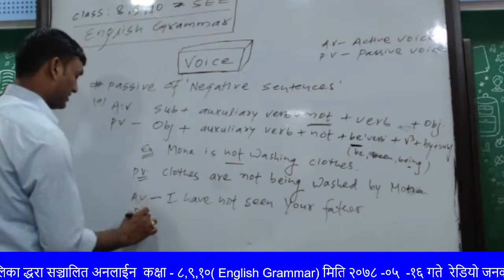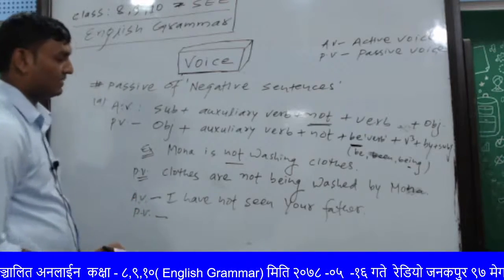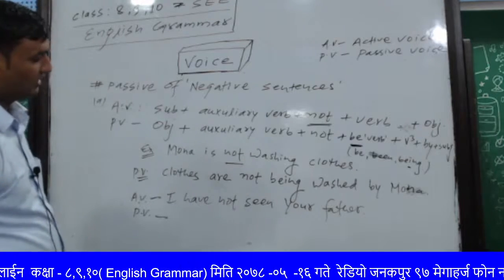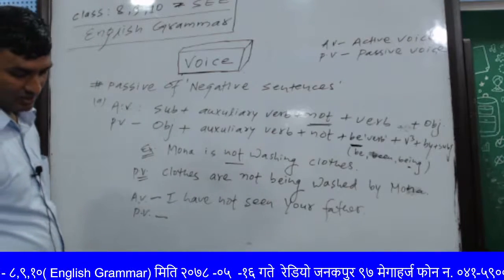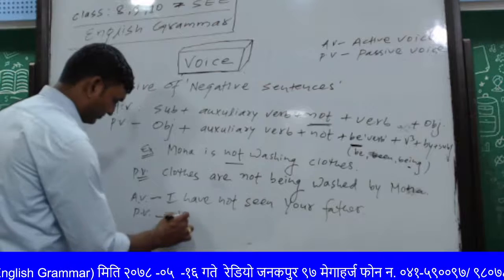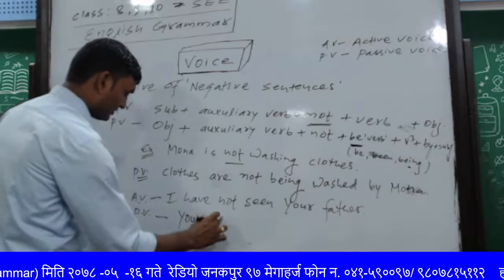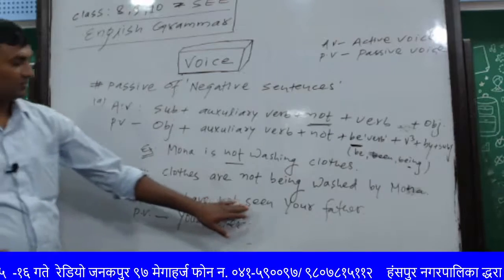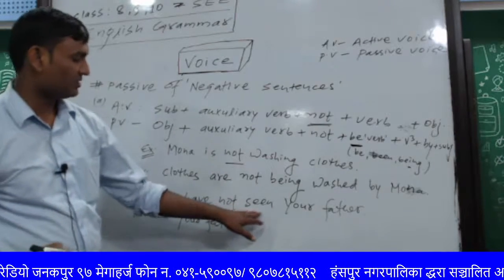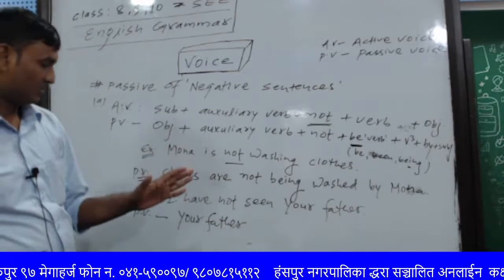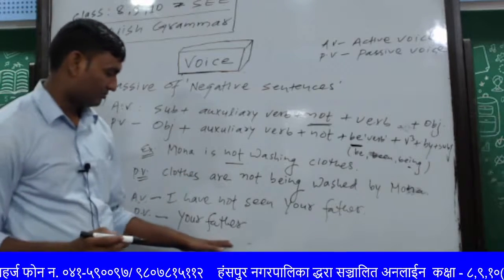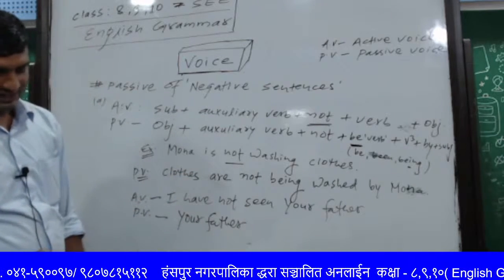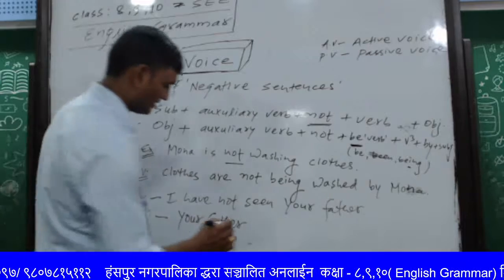Then we can change this sentence into passive. The object here is your father. So your father. Listen, students, have not seen means have seen, that is present perfect. So your father, then he has.